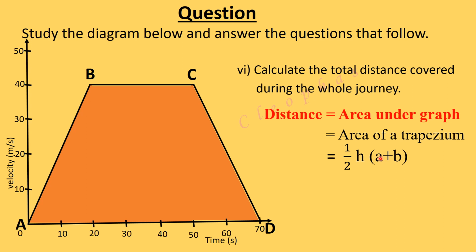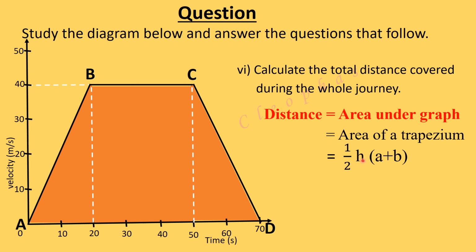So what is h? H is determined from this point, and that is 40. Then a is from 0 to 70, and this is 70. Then for us to get b, which is this length, we need to get the difference between this point and this point. That is 50 minus 20, giving us 30.